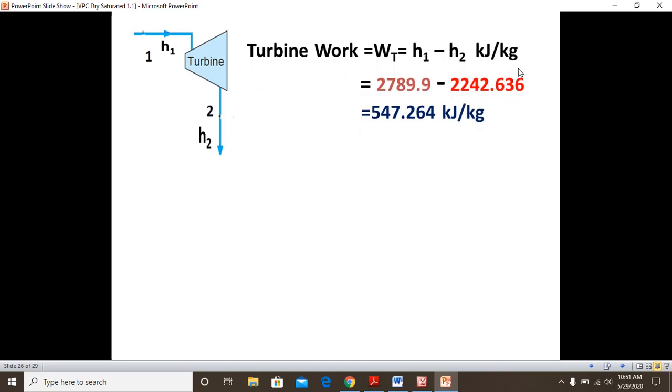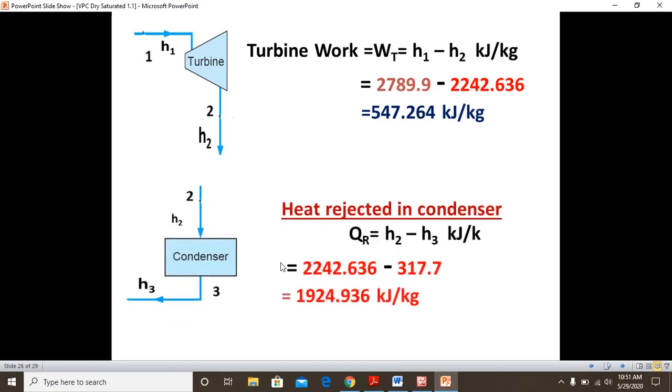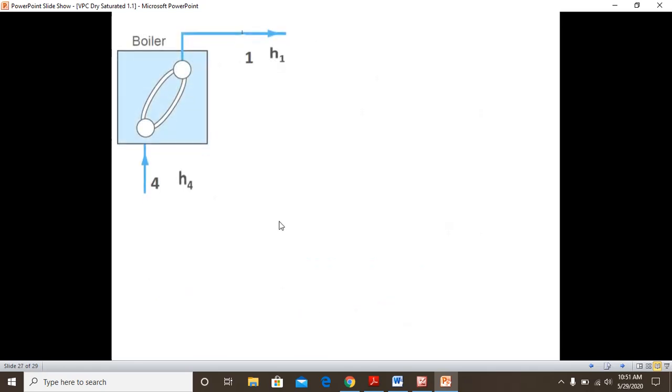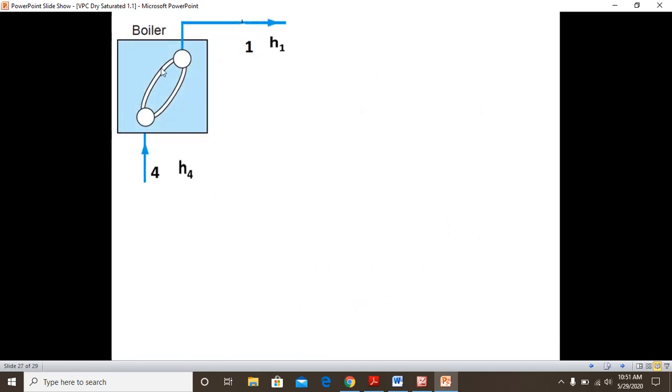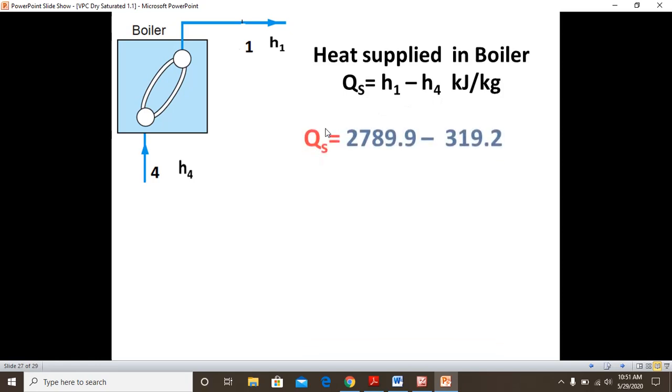Turbine work is equal to H1 minus H2, put all the values, you will get this one. And then condenser, amount of heat energy rejected in the condenser, that is QR, is equal to H2 minus H3. Boiler, amount of heat energy given to the water in the boiler, H1 minus H4, you will get this value.